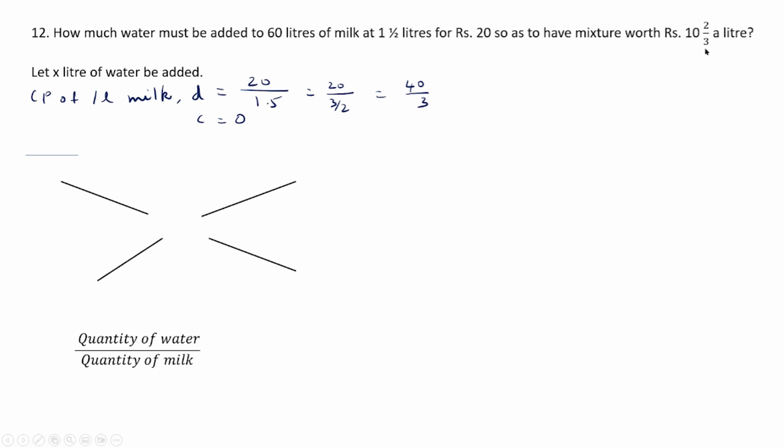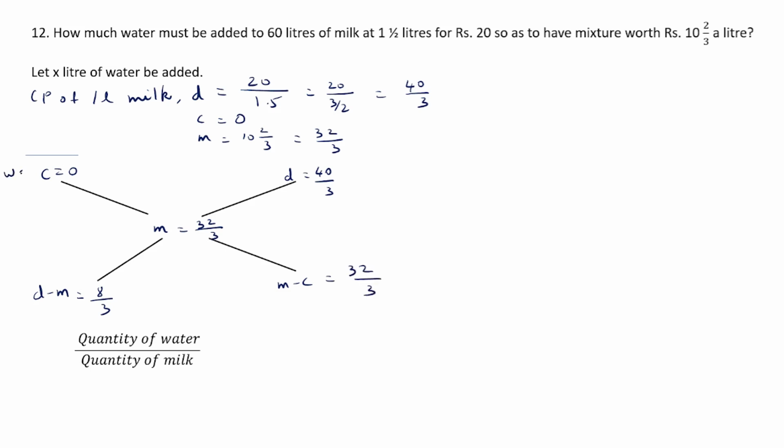The price of the mixture is 10 2 by 3 a liter. So M is 10 2 by 3, or it is 32 by 3. So here we have C equal to 0, D equal to 40 by 3, and M equal to 32 by 3. So D minus M is 40 minus 32, which is 8 by 3. Here we have M minus C, which is 32 by 3.